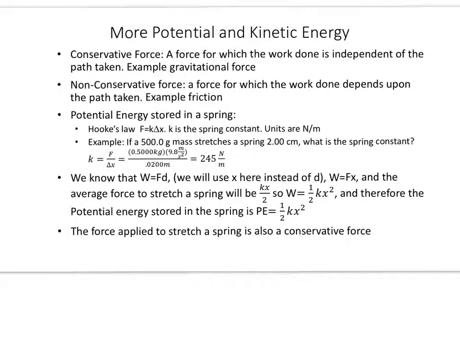And that's the work, so the potential energy is equal to the work done, or 1/2 kx squared. The force applied to stretch a spring is also an example of a conservative force.